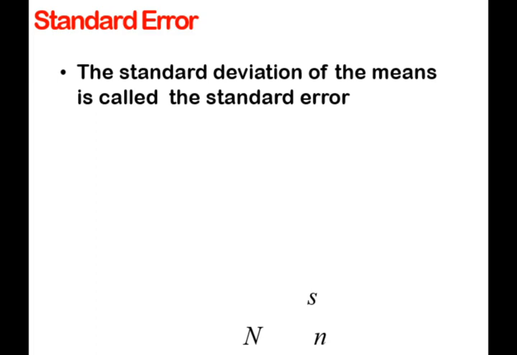And we were under the impression that we have one mean. So what does the standard deviation of the means mean? A standard deviation from the average of averages. So what do those averages represent?